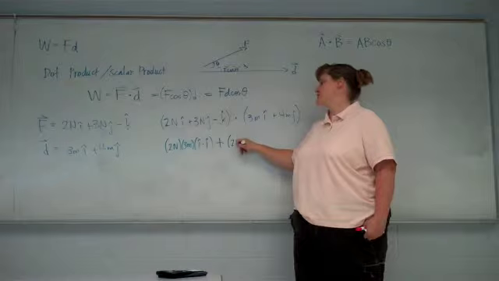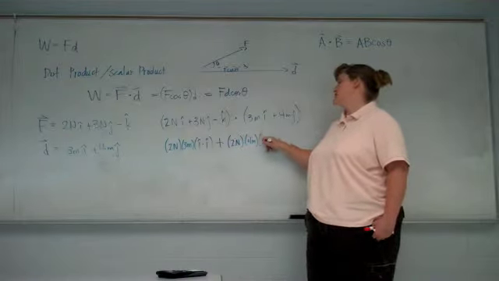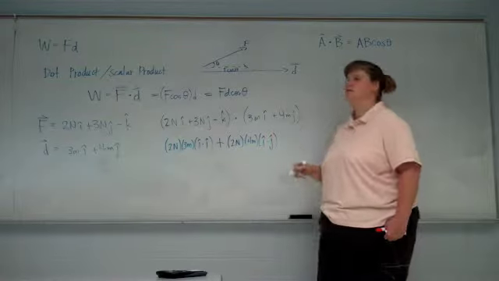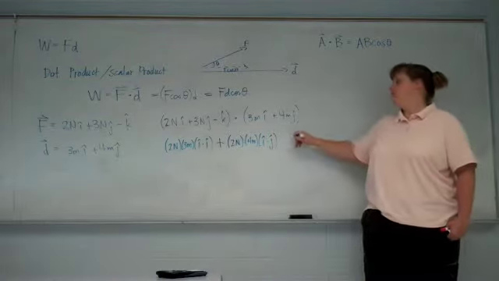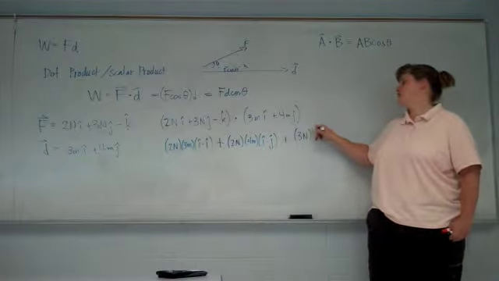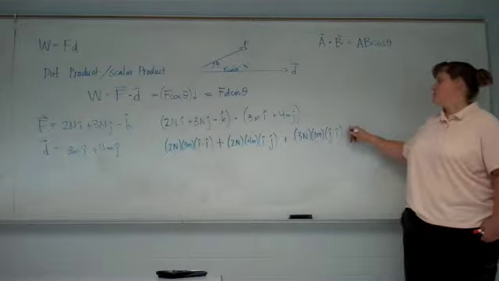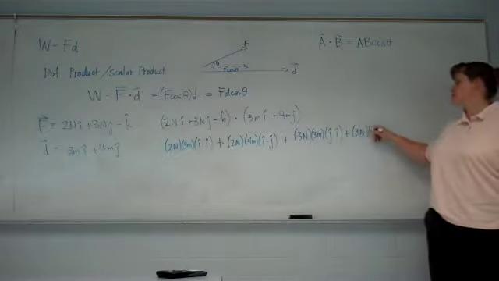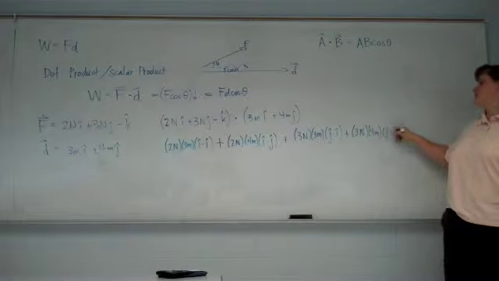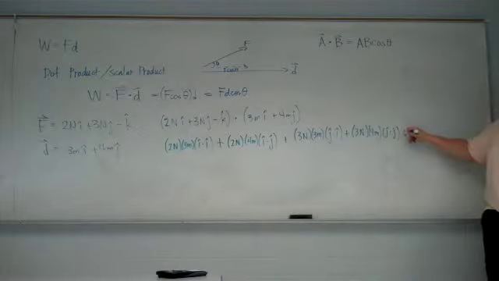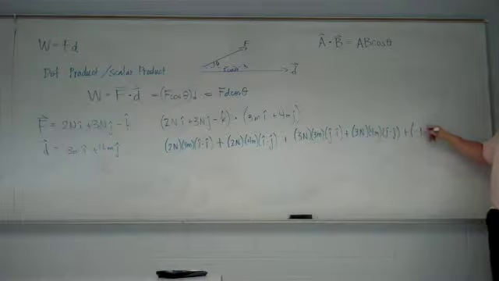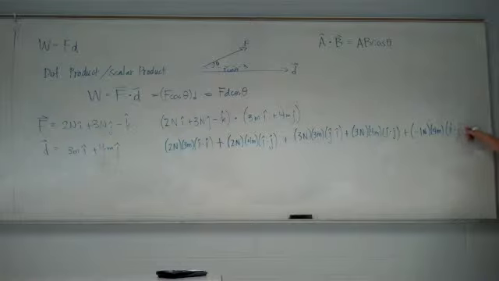Plus the 2 newtons times the 4 meters times I dotted with J. Plus 3 newtons, 3 meters, J dotted with I, plus 3 newtons times 4 meters, J dotted with J. And the last term is -1 newton times 4 meters, K dotted with J. Now I know this looks really ugly, but it's going to simplify very quickly.